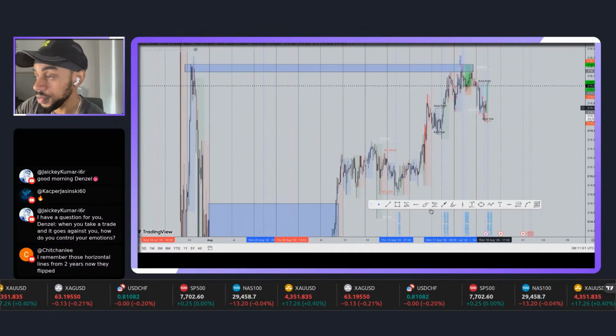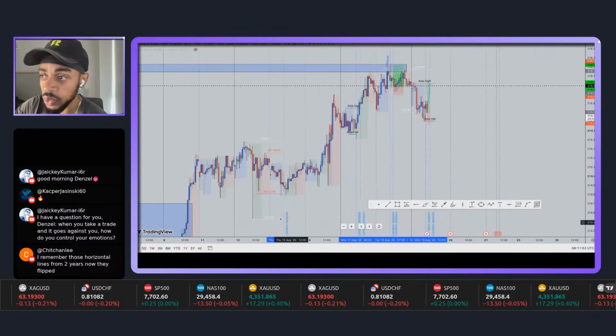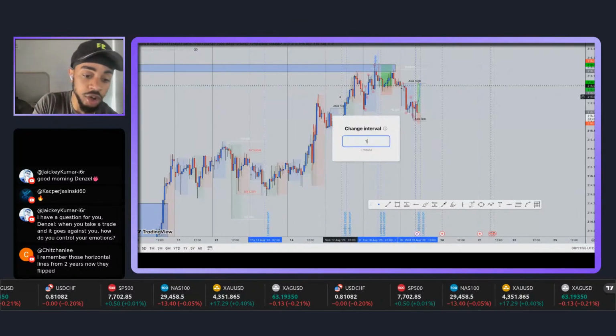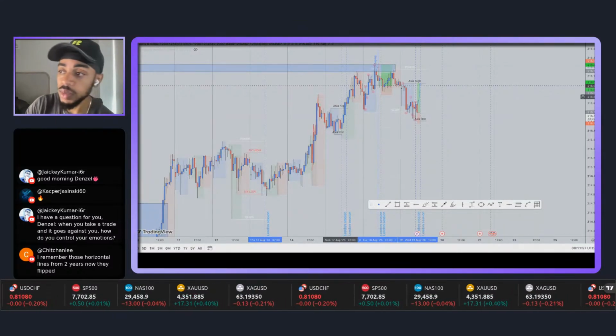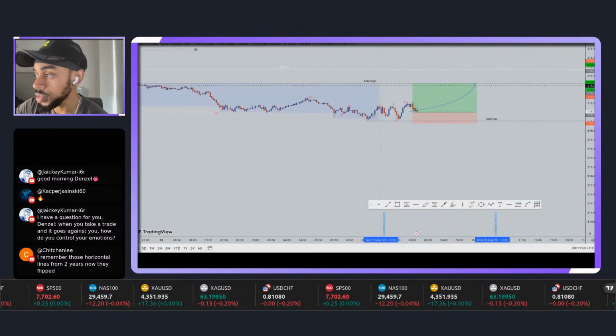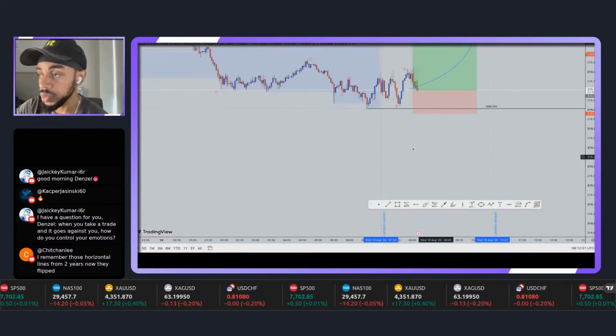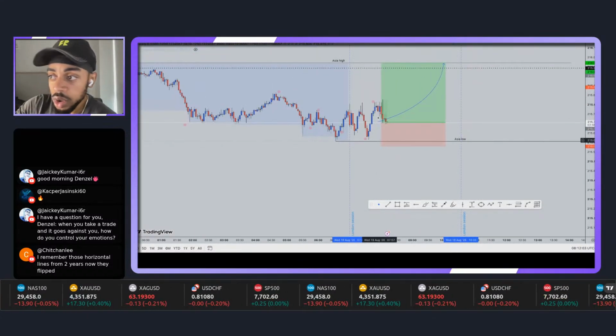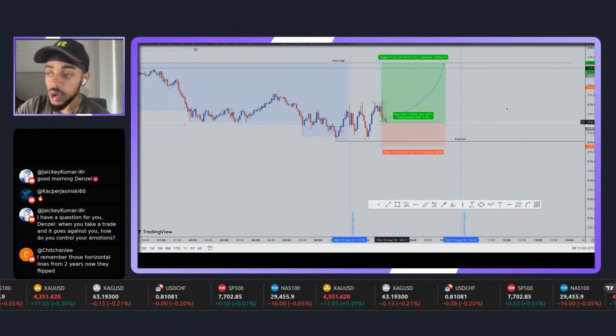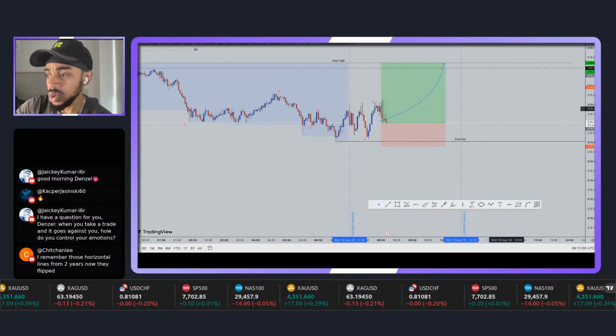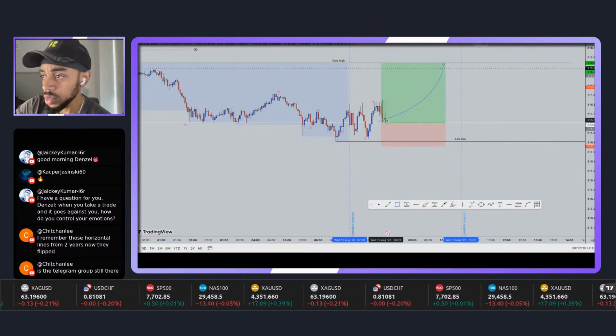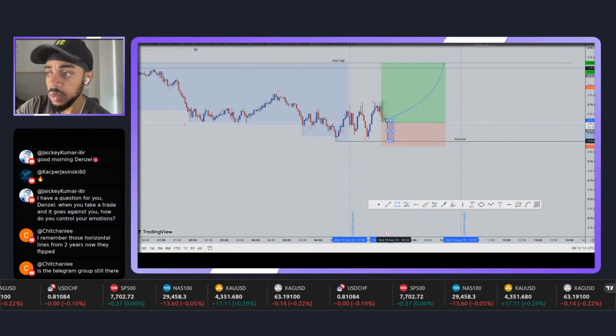For example, this setup right here that I literally just shared about 20 minutes ago. We're now at entry. Obviously when price is now at entry, you're so happy. But look, either way, my emotions will be the exact same wherever price is.